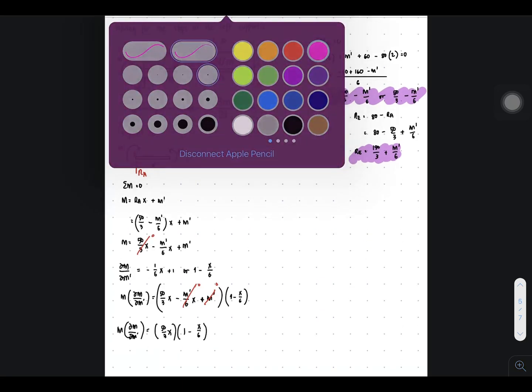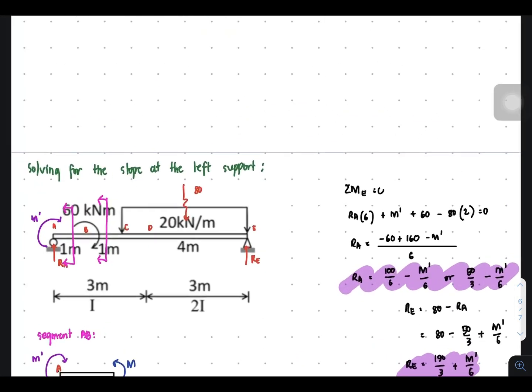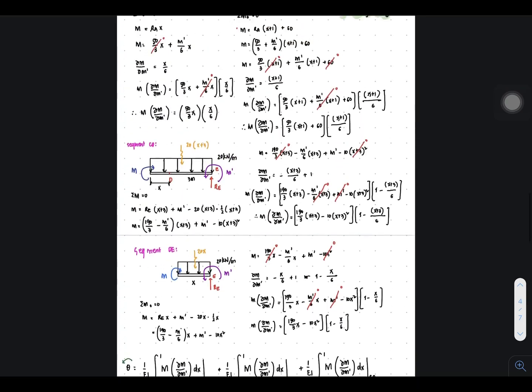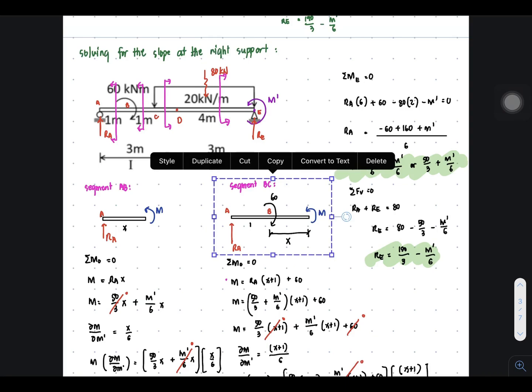So the same, we will be cutting the segment BC here and considering the left section or segment. And for that, let us just borrow the segment BC from the previous BC here. This is the segment BC.